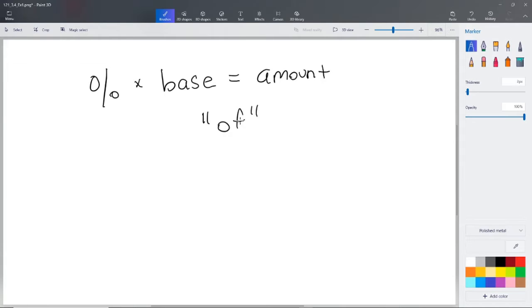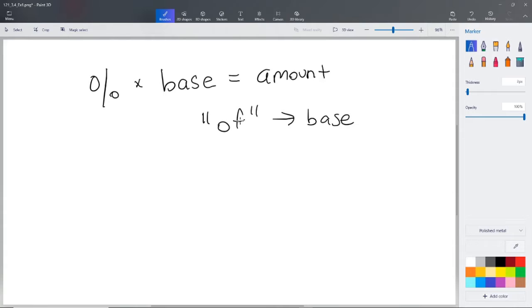Of, or what follows after of, is the base. Always the base. The percent is fairly obvious. It's going to say something percent. But what's the base and what's the amount can be confusing. But if you follow the simple rule, as in whatever comes after the of is the base, then you should be able to set your equations up just fine.